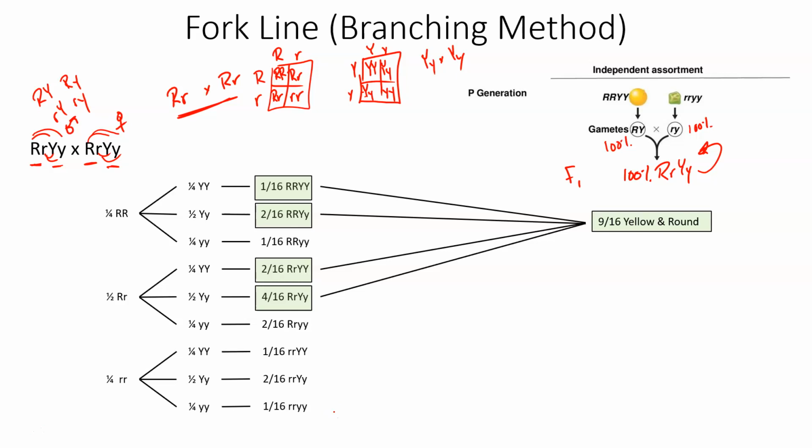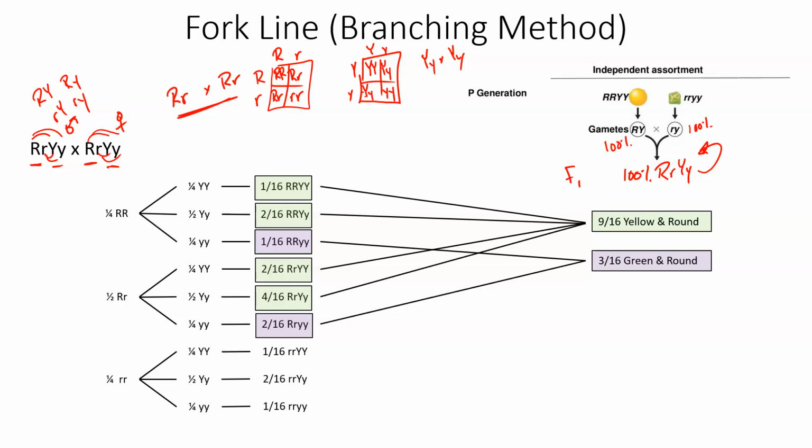So we put those together and we add them up. 1 plus 2 is 3, plus 2 is 5, plus 4 is 9. 9/16 will be yellow and round. Then we combine these two, which are big R, little y. 1 plus 2 is 3, so 3/16 are going to be green and round.